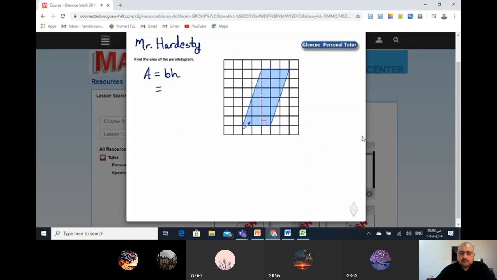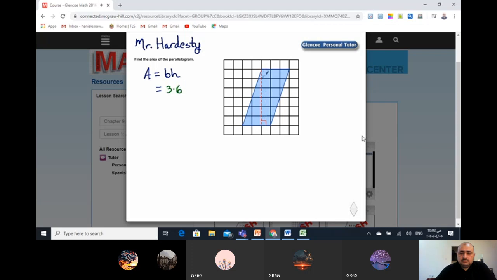The base is 1, 2, 3 units. So we'll put 3 in for B. The height, we will count 1, 2, 3, 4, 5, 6. So the height is 6.